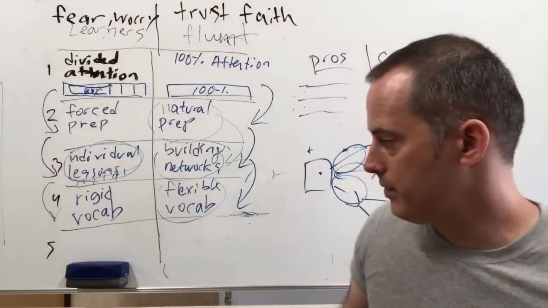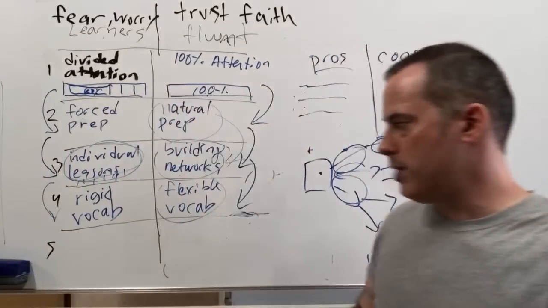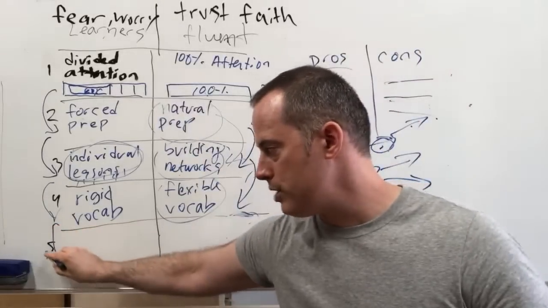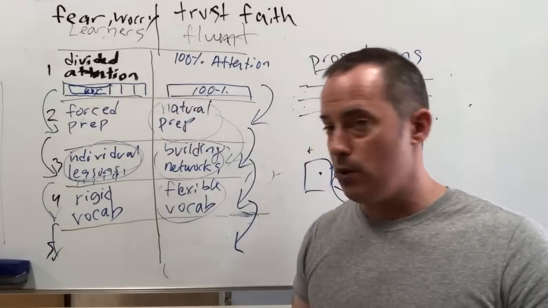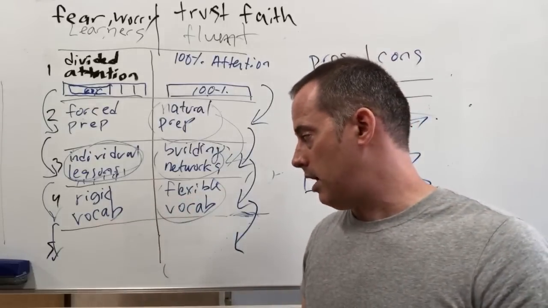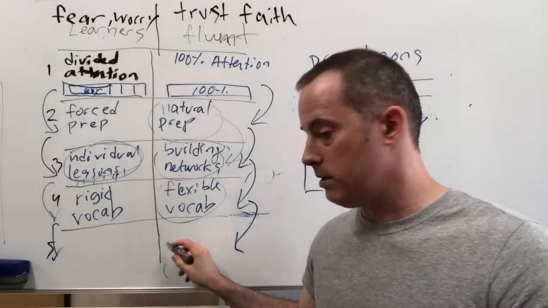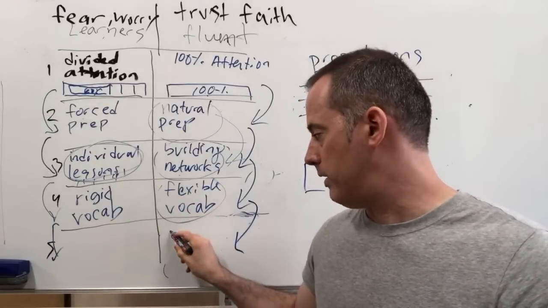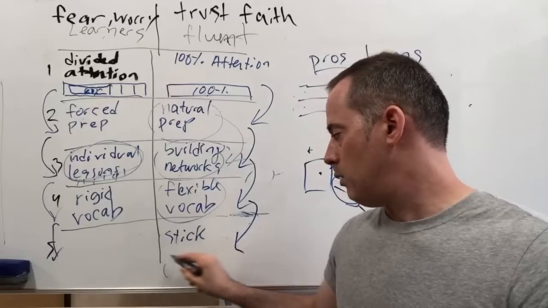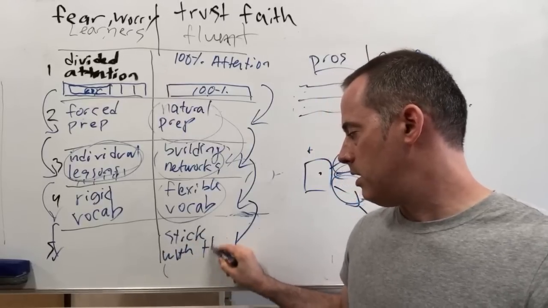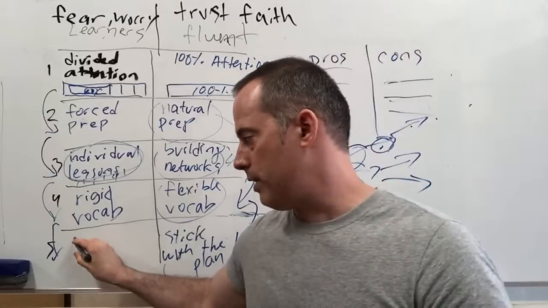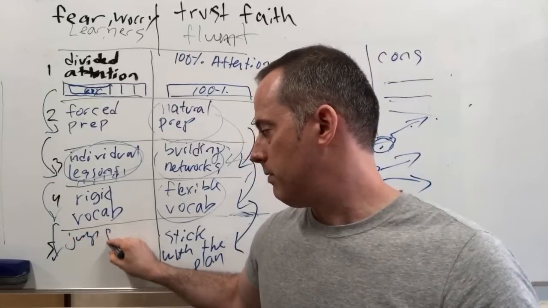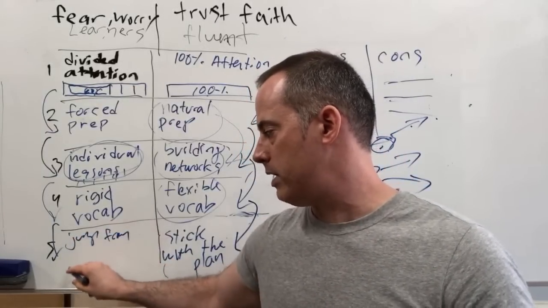All right, so let's finish this up. So number 5, what is the natural conclusion of all of this? The natural conclusion is that you should be focusing and continuing along the process. The best way to say it is to stick with the plan.